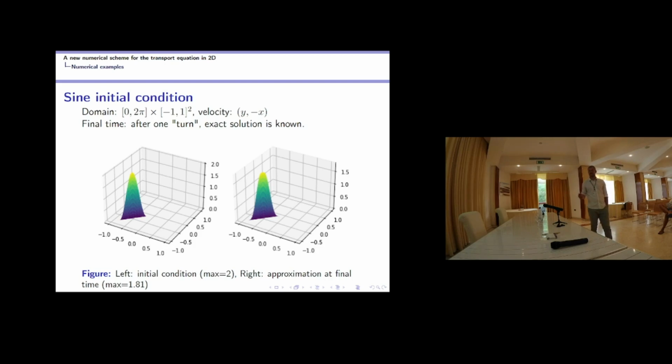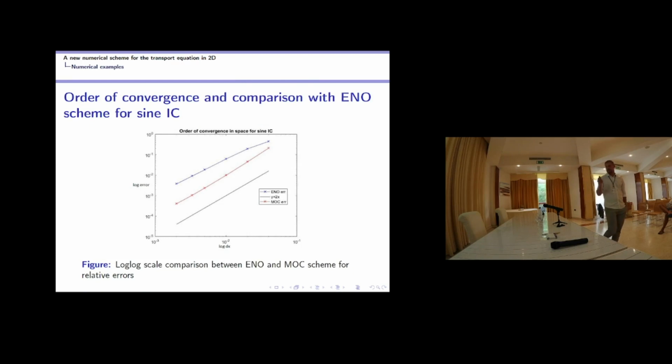It should be the same, so we don't lose mass in theory. But of course we have a numerical scheme which is on rectangles. The shape of this function is maybe not the best to approximate with rectangles. And here I just want to show you the order of convergence compared with the ENO scheme.